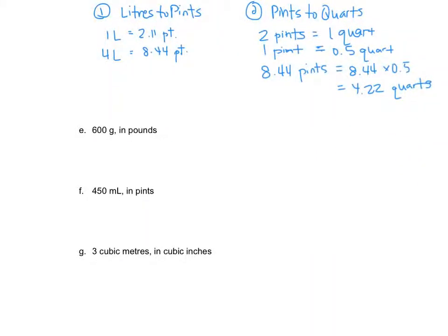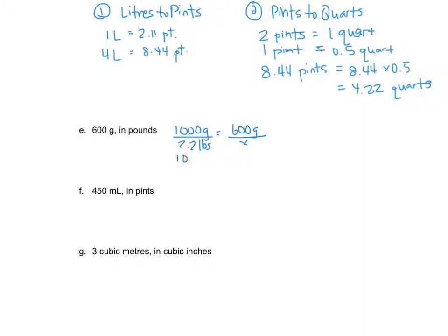Okay, next one. 600 grams converted to pounds. Again, we don't have a conversion for 1 gram in pounds, but we do know from our charts that 1,000 grams is the same as 2.2 pounds. So I can set this up using ratios. So I put my grams on the top on the other side, and I'm trying to convert that into pounds.